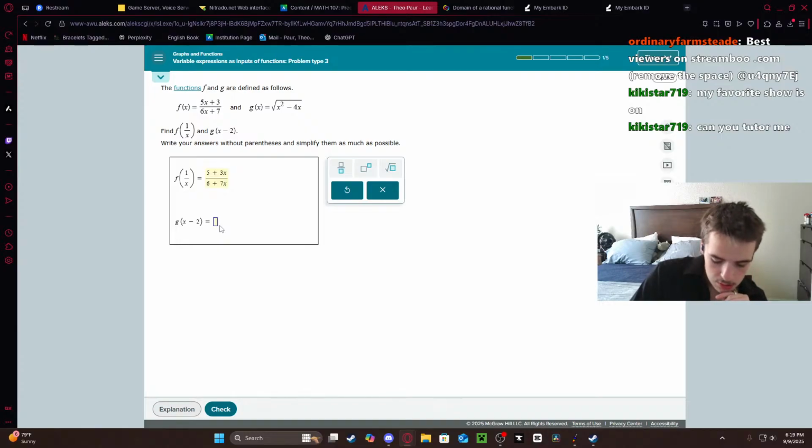So then do the square root of that. Or do I just keep it under the square root? Simplify as much as possible.